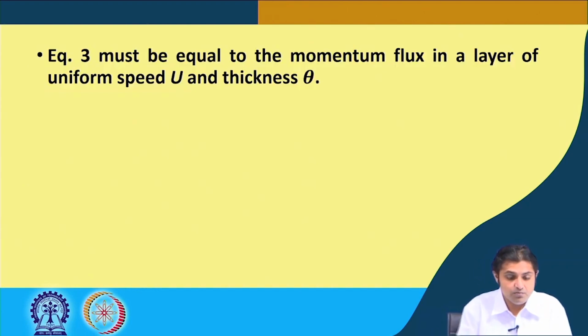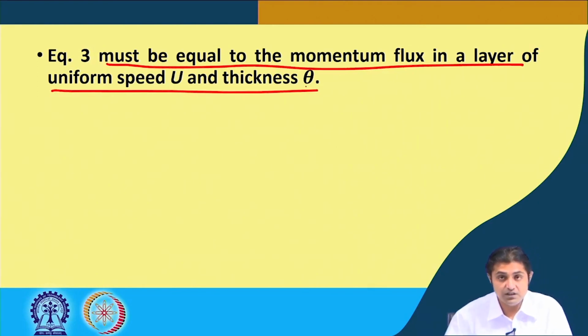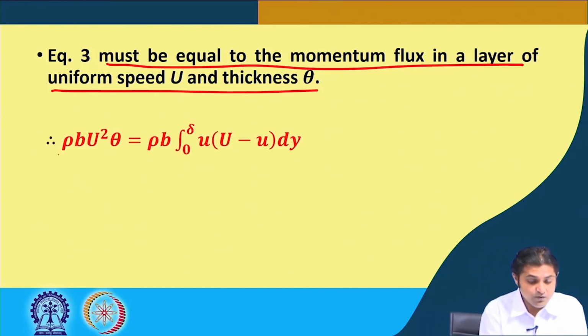Now, equation number 3 must be equal to the momentum flux in the layer of uniform speed U and thickness theta, correct? That is how we derive the displacement thickness as well.